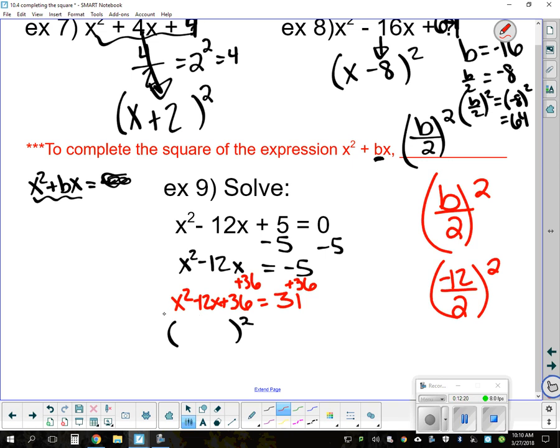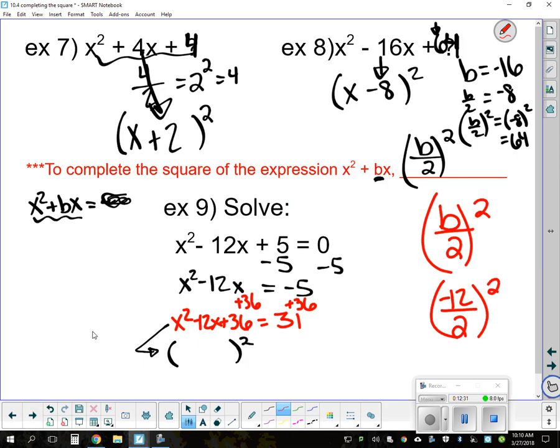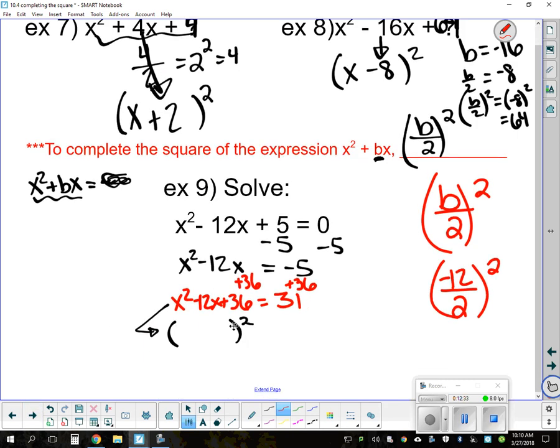And essentially what you are doing from this step to this step is you're factoring, which is what we were doing back here on examples 3, 4, 5, and 6. The shortcut, though, instead of going through that full long AC method process, is it's always going to be half of your b, which is negative 6. So it's just going to be that portion of it. Okay?